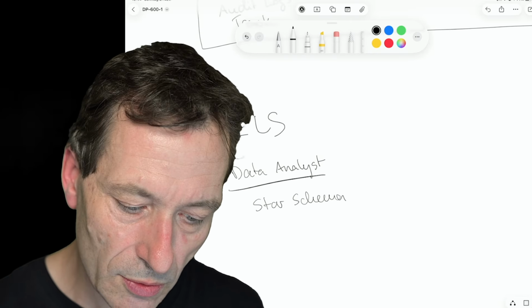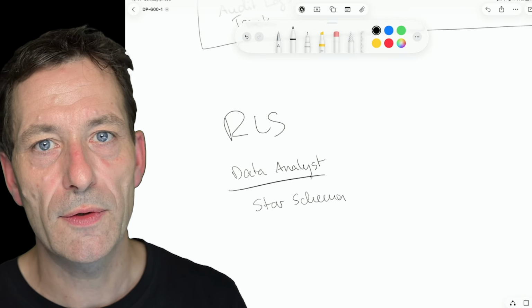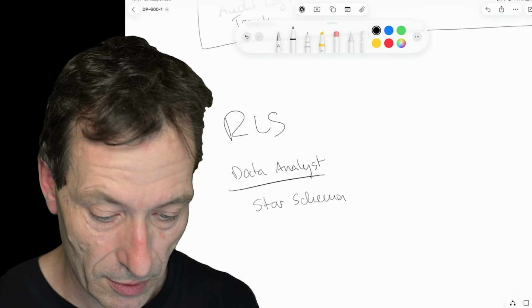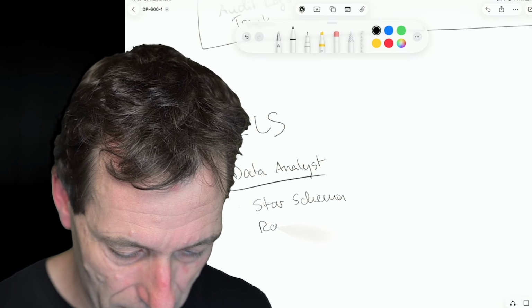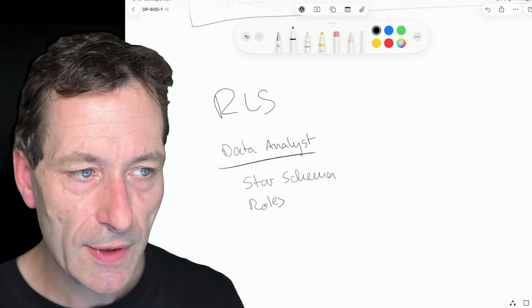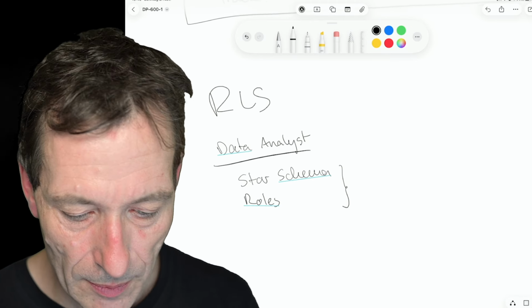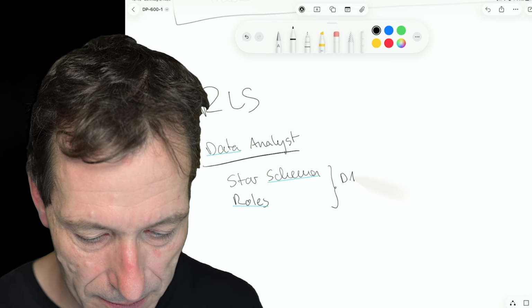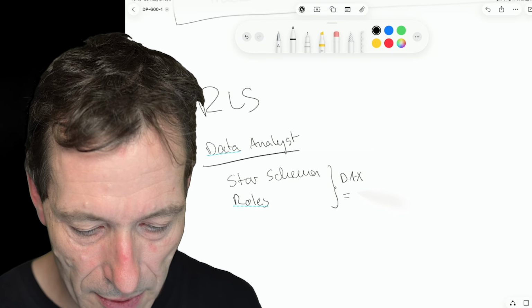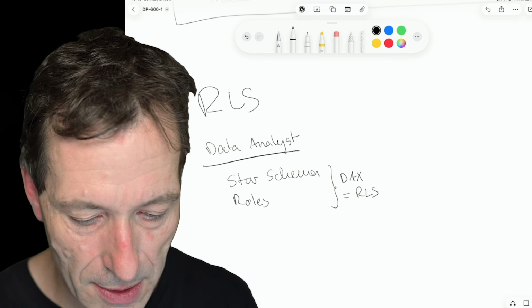And it's also defining the different roles based on the requirements. And these two are then connected with the proper DAX queries. So the result is row-level security.